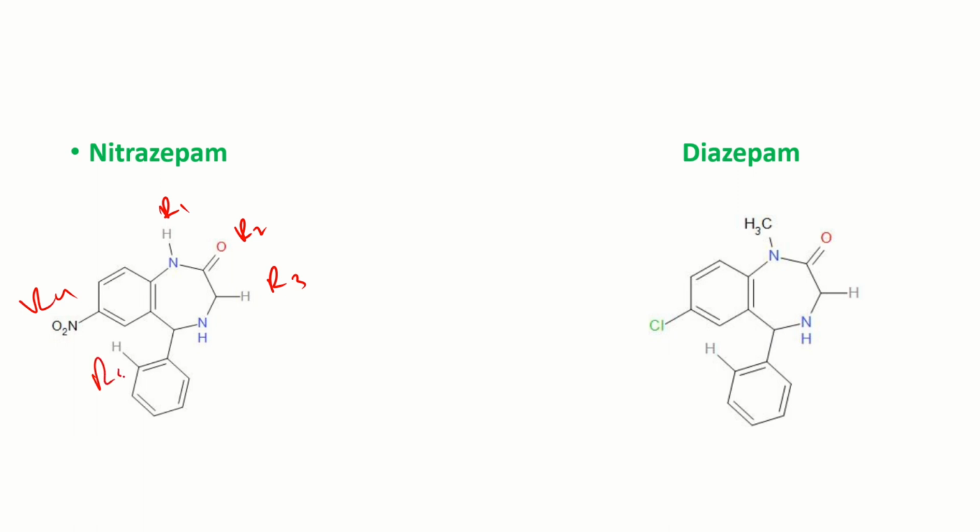In the next structure, R1 contains a methyl group, R2 contains oxygen, R3 contains hydrogen, R4 contains chlorine, and R5 contains hydrogen, and this structure is known as diazepam.